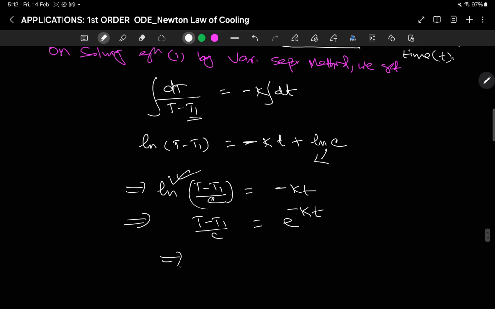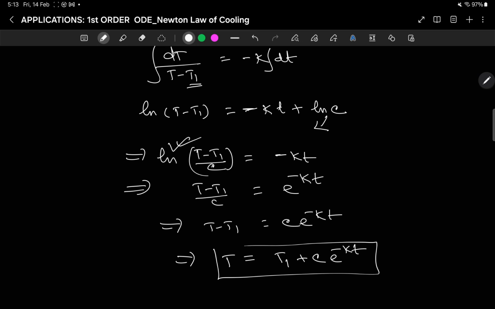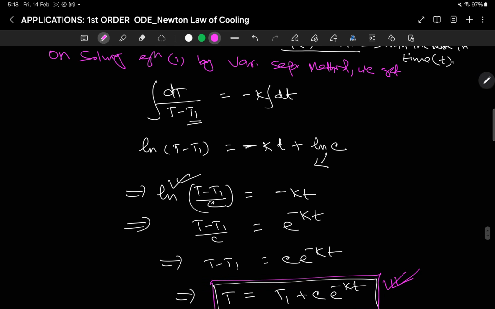So T - T1 is c e to the power -kt. So T is equal to T1 plus c e to the power -kt. We may remember that after simplification of Newton's law of cooling, we will get a result like this. So while we solve a problem, we may come directly to this: T is equal to T1 plus c e to the power -kt.